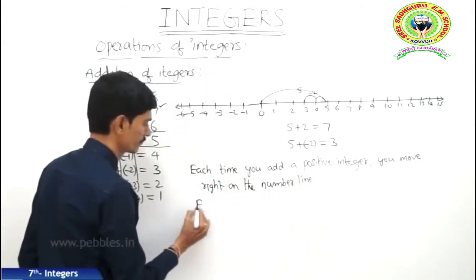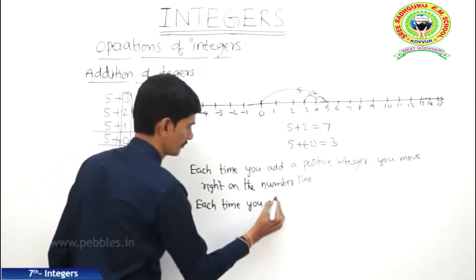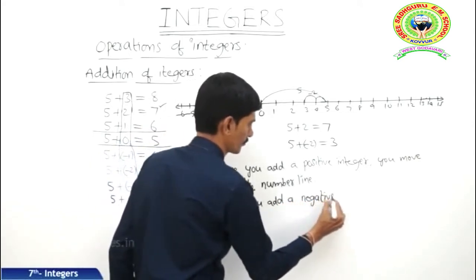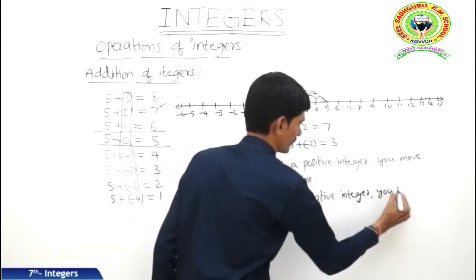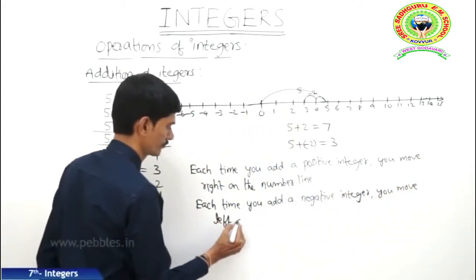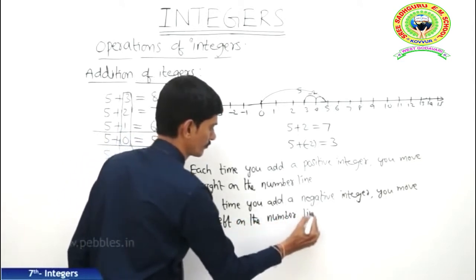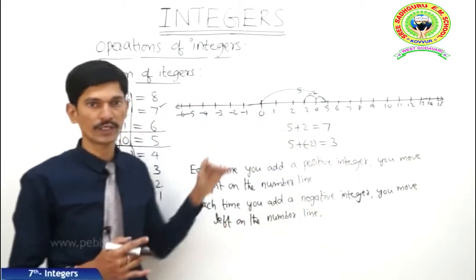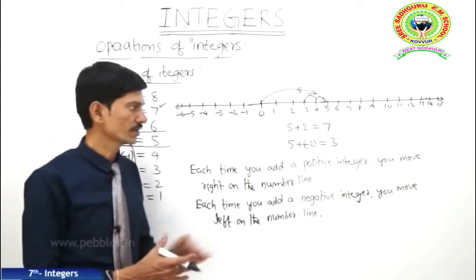Then each time you add a negative integer, you move left on the number line. So when you add a positive integer, we move right on the number line, and when you add a negative integer, we should move left on the number line.